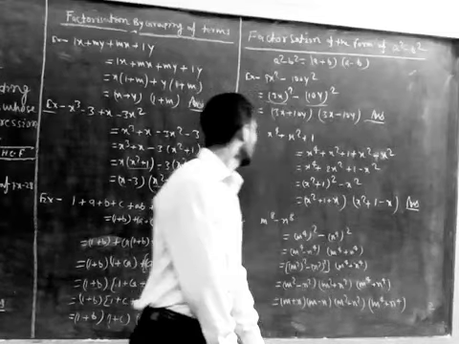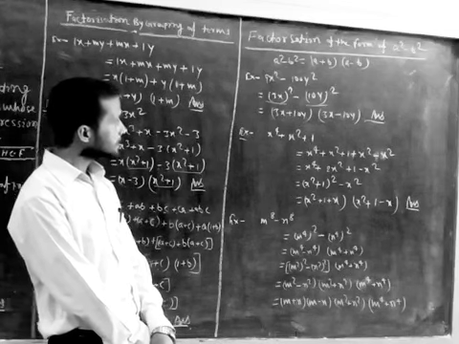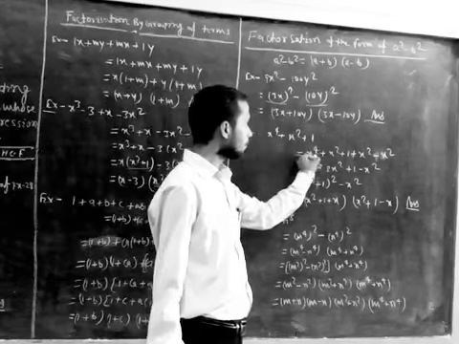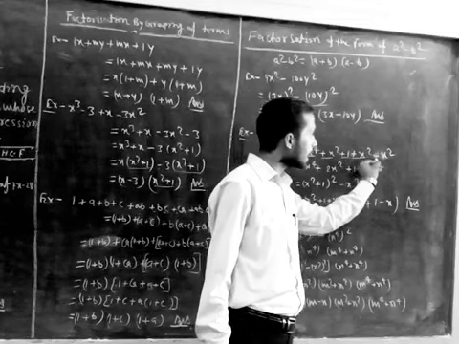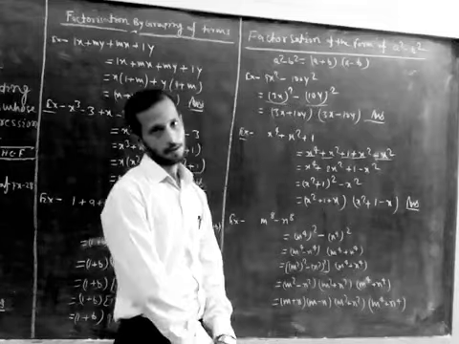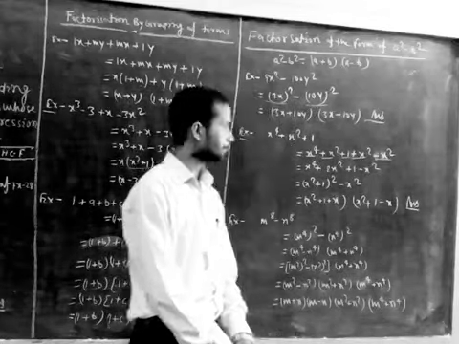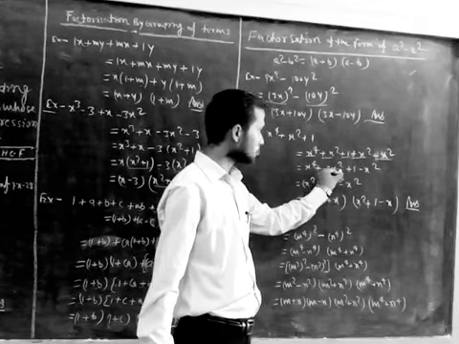Answer. And next example, x to the power 4 plus x square plus 1. And again add x square and subtract x square, plus and minus cancel, no effect on this expression. Hence x to the power 4 plus 2x square plus 1 minus x square.